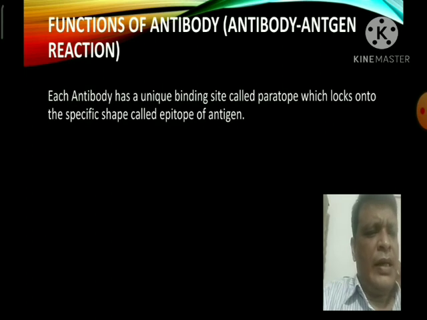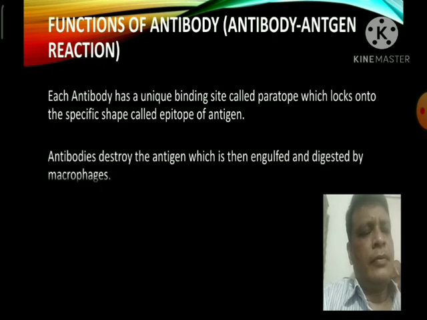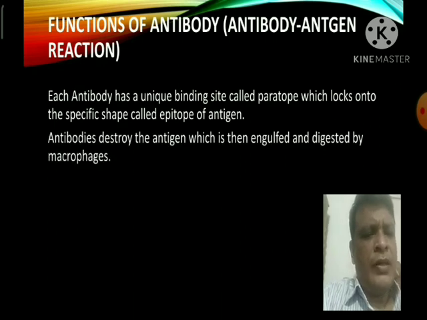Each antibody has a unique binding site called the paratope, which locks onto the specific shape called the epitope of the antigen. Antibody destroys the antigen, which is then engulfed and digested by macrophages.